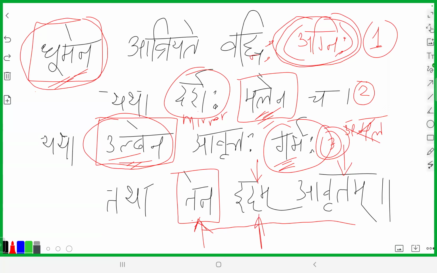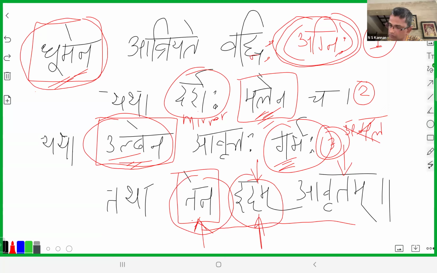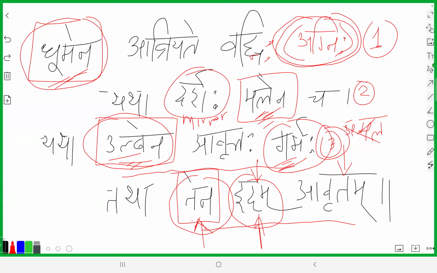That is how the Atma is covered by Maya. He's giving three examples. So strong is the covering, like ulbena avritaha garbhaha. So now your Tritiya Vibhakti is Dhumena, Malena, Ulbena, Tena.